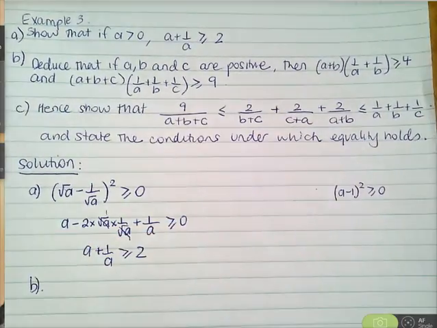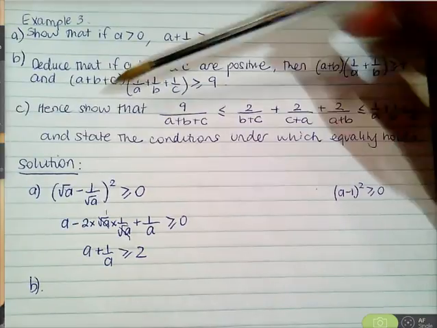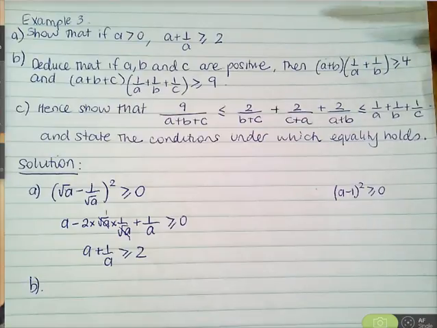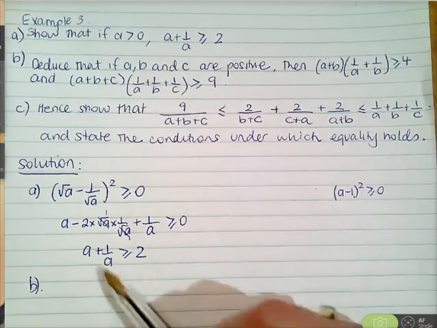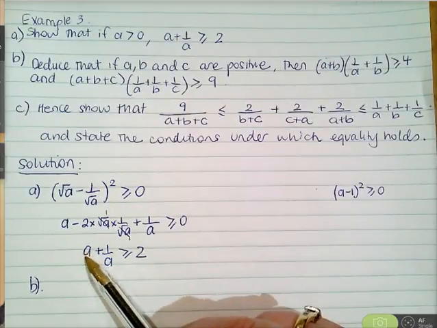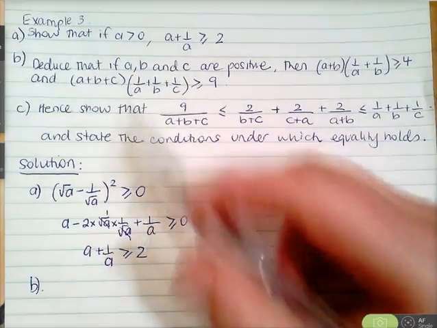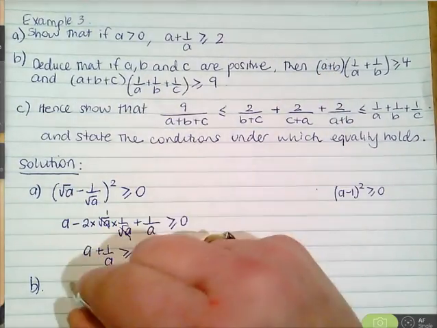Now for part B, you have to deduce that if A, B and C are positive, then A plus B times 1 on A plus 1 on B is greater than or equal to 4. Now we know that something, A plus its reciprocal, is greater than or equal to 2. So what we're going to do, we're going to start off with this.